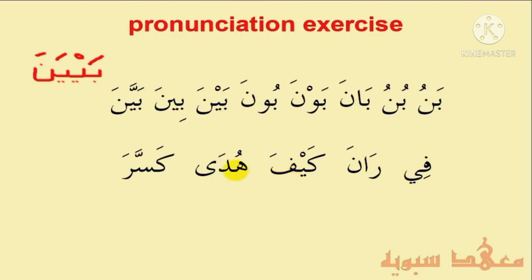Next word, huda. Now this is not actually a ya, it's an alif. It's called an alif maqsura, and it's exactly like an alif, the way it's pronounced. It's like a ya without the 2 dots. So we say huda. There's the elongation as well, because of the fatha followed by an alif.